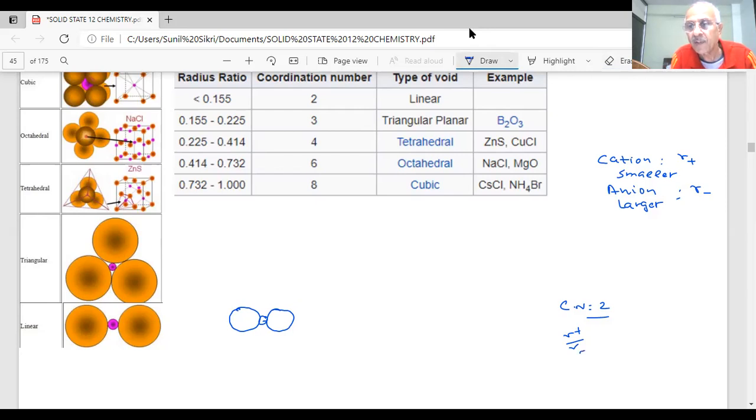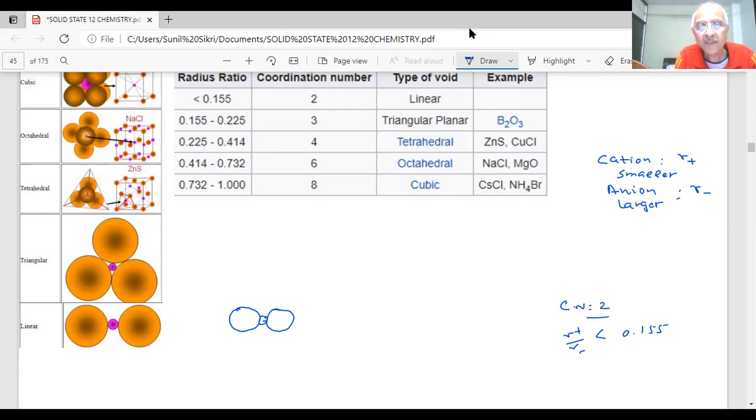This value should be less than 0.155, then only it can fit here. If it becomes more than this, this arrangement is not possible. It cannot fit because the size has become more than 0.155, and this is a smaller void.